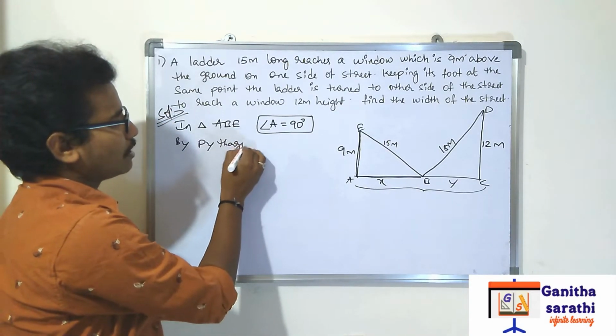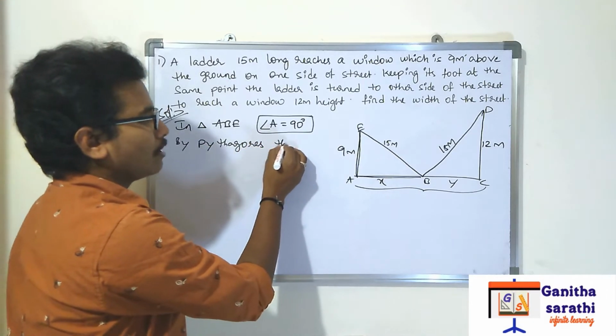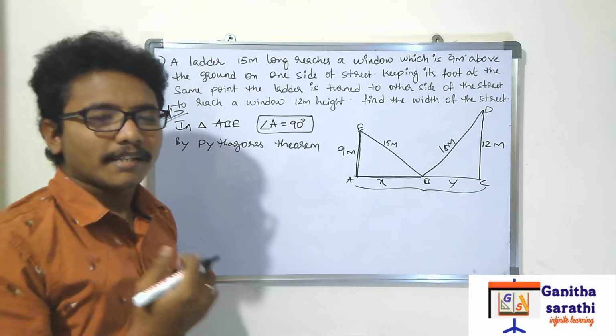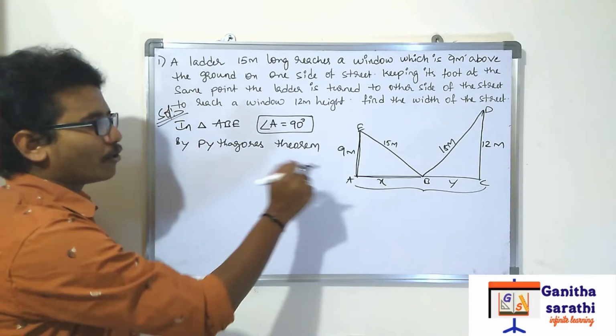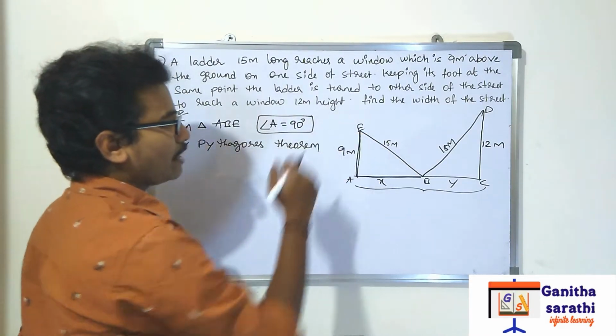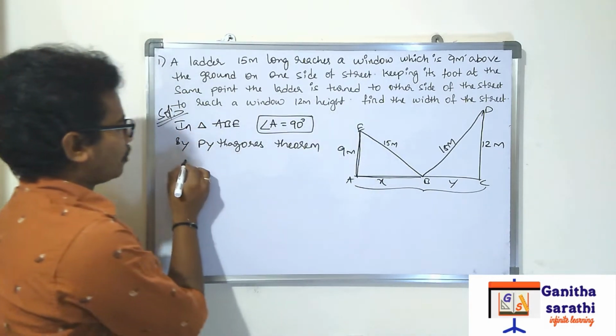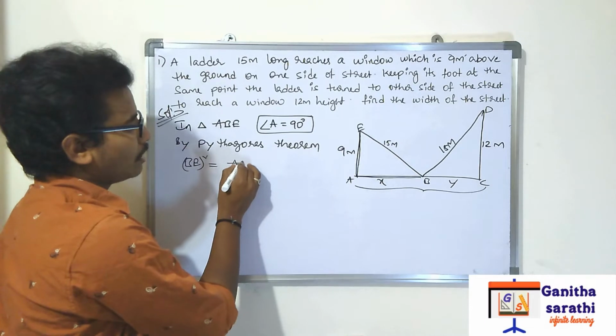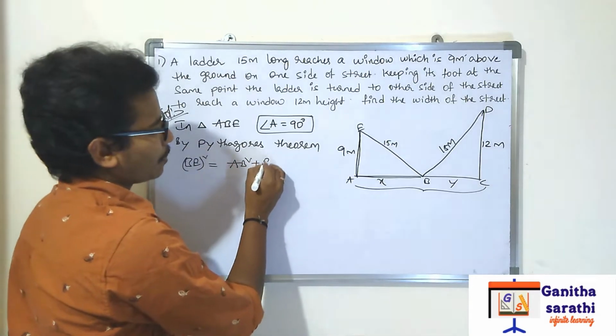What is Pythagoras theorem? We all know: hypotenuse square is equal to side square plus side square. What is the hypotenuse in triangle ABE? BE is the hypotenuse, right? BE square is equal to AB square plus AE square.